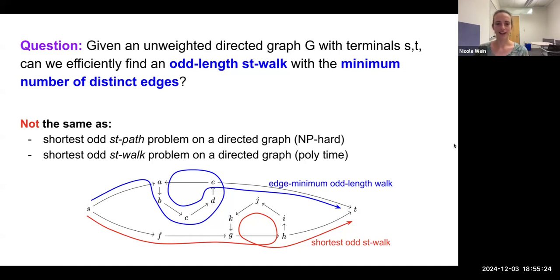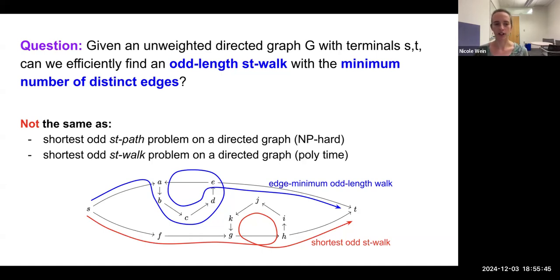Okay, so the point is that these are two different problems. They can have different answers on certain graphs. Let's look also at the shortest odd ST path problem. For that problem, you'll notice that in this particular graph, there's actually no odd ST simple path, and for that reason, the answer would be infinity.